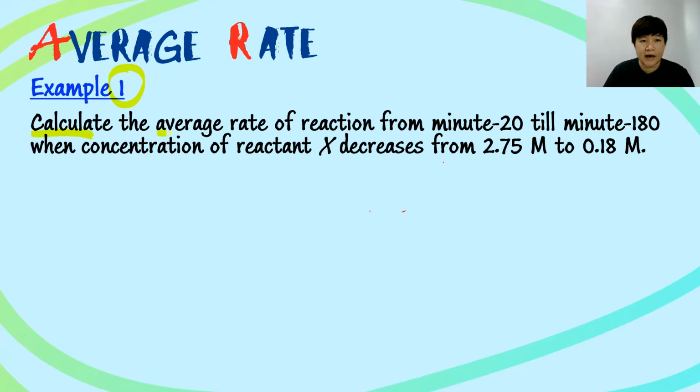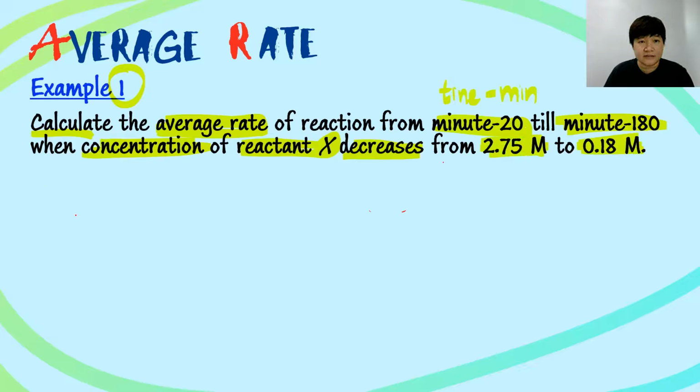Calculate the average rate. So we are looking for the average rate of reaction from minute 20 until minute 180. So you can see over here, your time is in the unit of minute. When the concentration of reactant X, alright, it's a reactant, therefore it decreases from 2.75 molar until 0.18 molar.